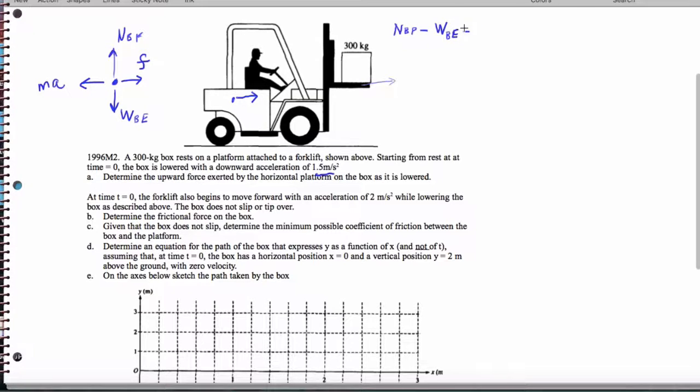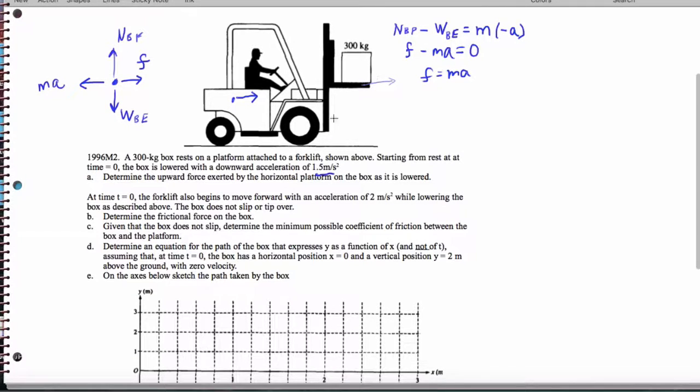The effect now is that this 300 kilogram box, actually I'll just leave that as m, has a negative downwards acceleration in the same direction as the weight. Since this is negative, we'll make that negative as well. Horizontally, we have that the friction force balances this ma pseudo force. So the friction balances the mass times acceleration of the box.